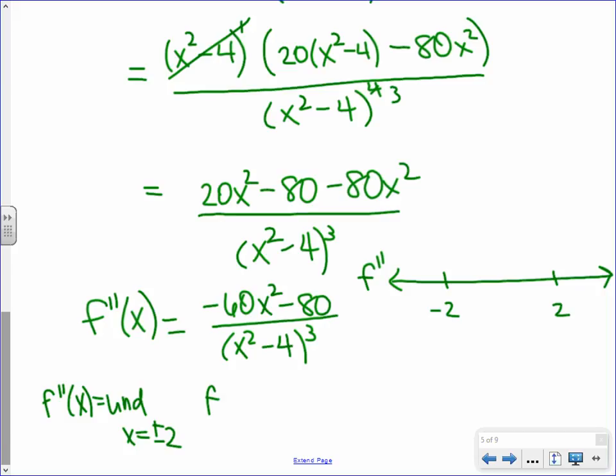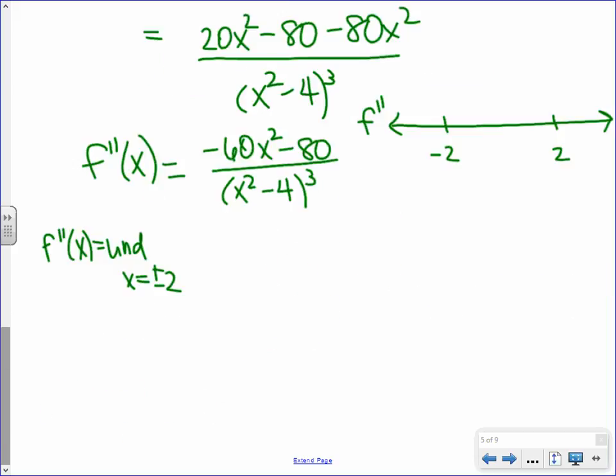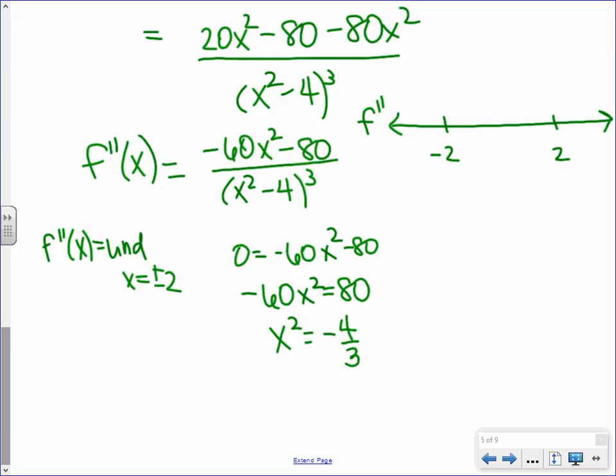So if we set our numerator equal to 0, hold on, wouldn't x squared equal a negative 4/3? Can an x squared equal a negative 4/3?